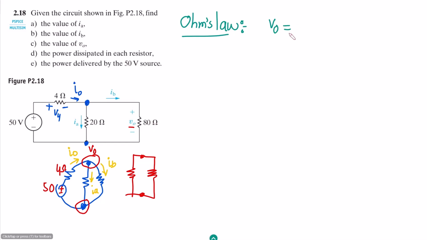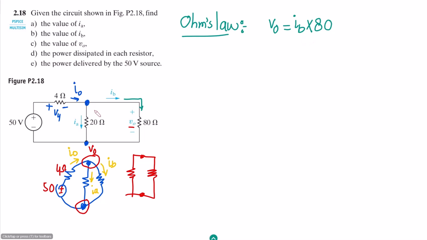That is the current through this resistor of 80 ohm multiplied by the value of this 80 ohm. So this is IB, which is this current. This is IB multiplied by this 80 ohm. Why? Because V is equal to IR according to Ohm's law.